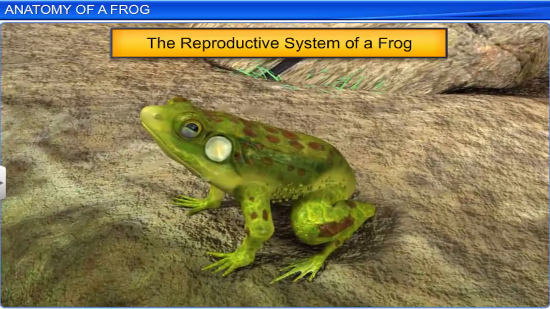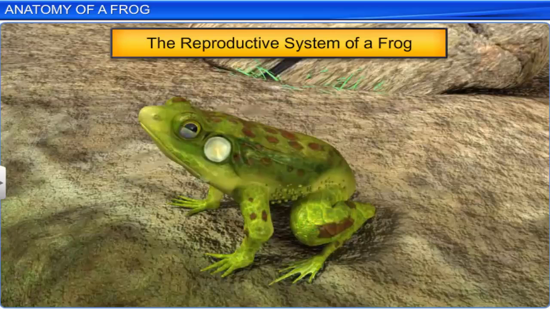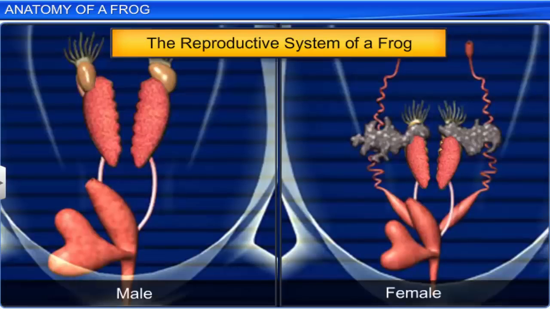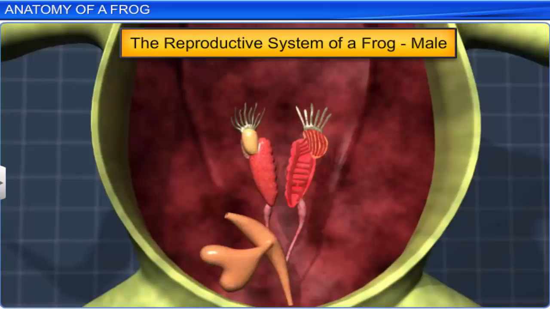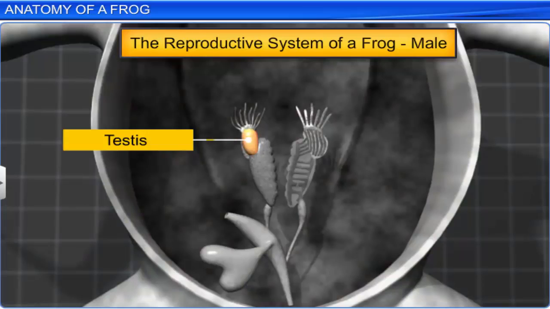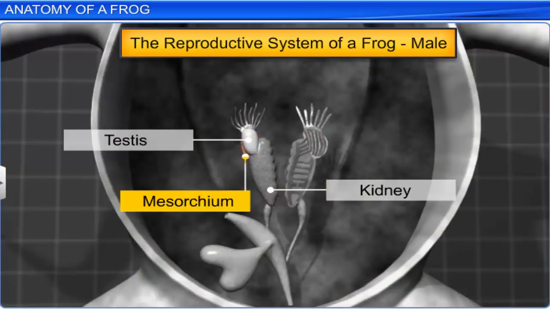Finally, let's learn about the reproductive system. Frogs are unisexual animals with well-developed male and female reproductive systems. The male reproductive system consists of 2 yellowish ovoid testes, which are attached to the upper part of the kidneys by the mesochium.